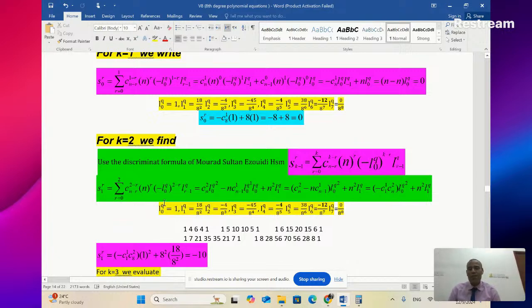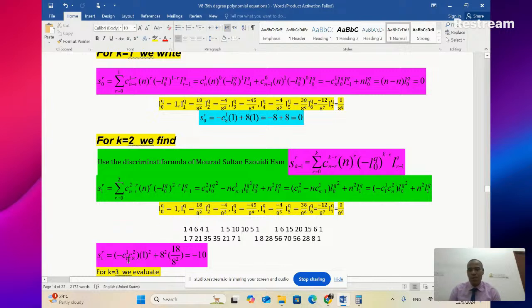After developing this formula, learners, S1 has to be equal to this one. Negative combination 1 choose 1, combination n choose 2, L0 of order q squared plus n squared multiplied by L1 of order q. I will just make a substitution. So you can see this one.